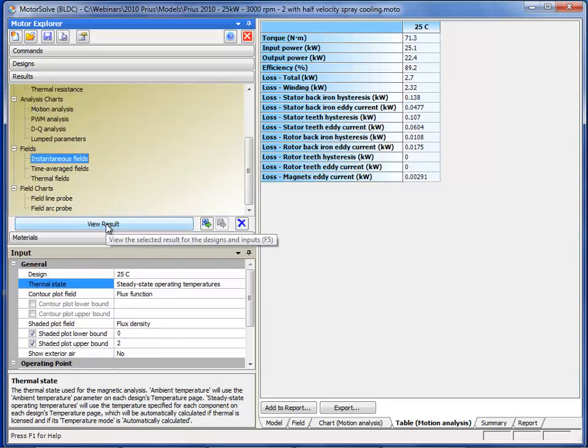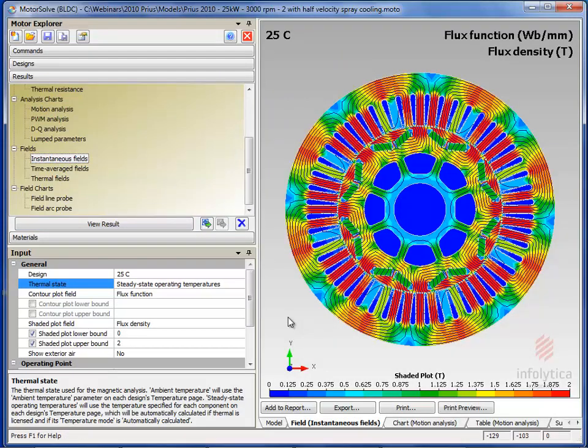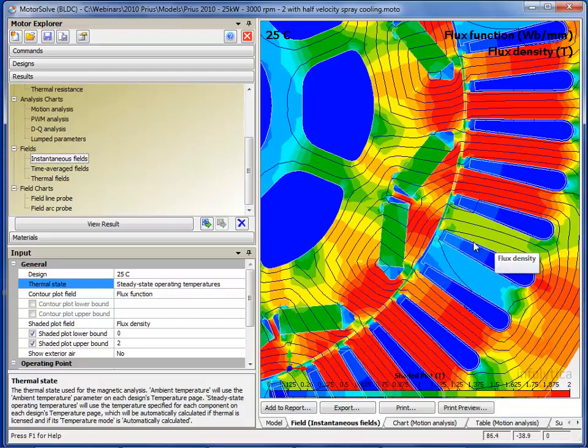Now if we look at the instantaneous fields for the magnetism, here we see a shade plot of the flux density. Again, this is at the operating temperature after the completion of the duty cycle excitation. If I zoom into the magnet area again, I have reduced flux. It's not much below the previous, but it is 4 to 5 degrees below on average.